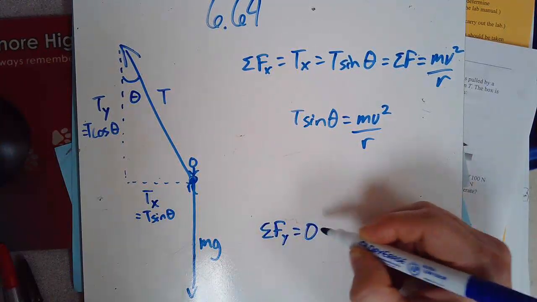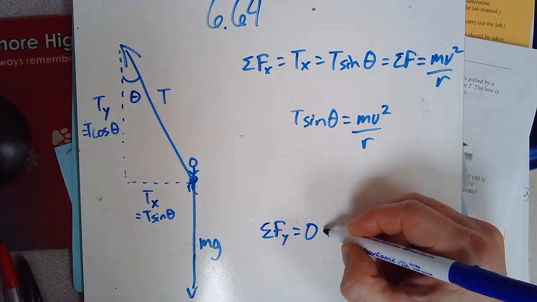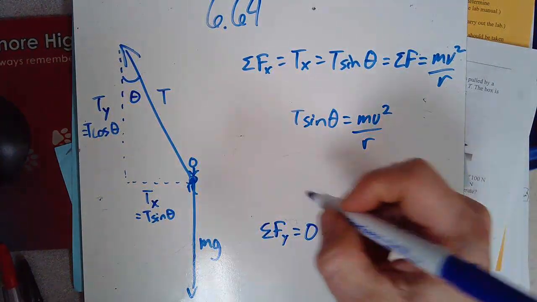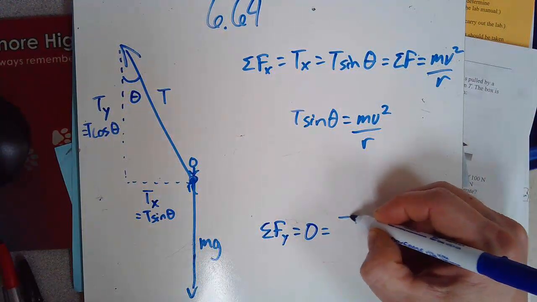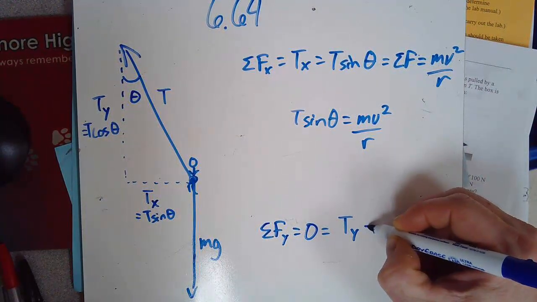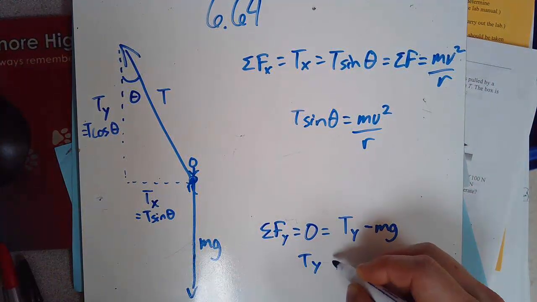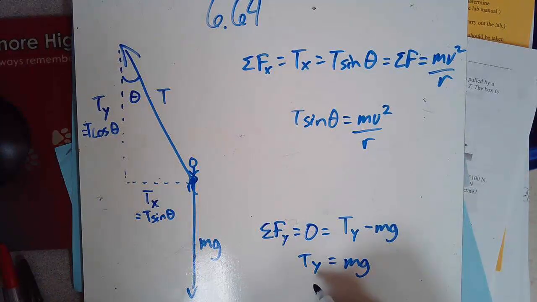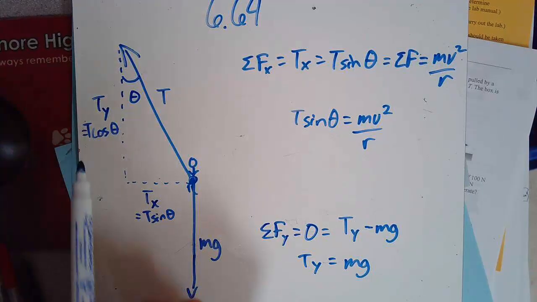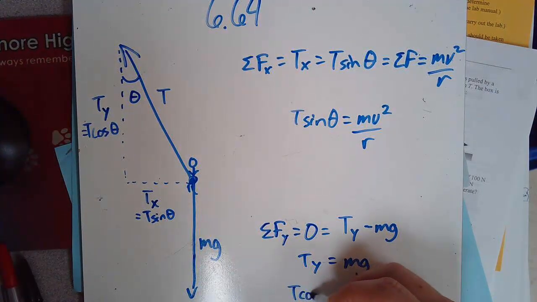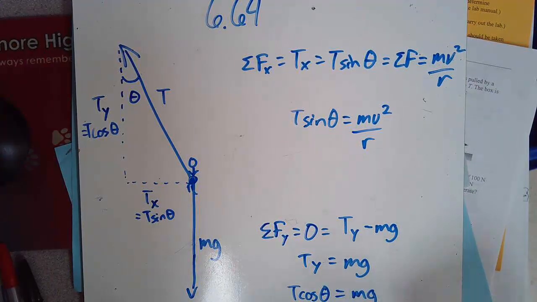In the y direction, there's no acceleration. So what we know is that the sum of Ty and mg must equal 0. Ty is up, mg is down, so when you solve this, Ty equals mg. And we know that Ty equals T cosine of theta, and that equals mg.